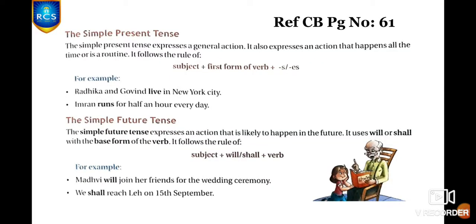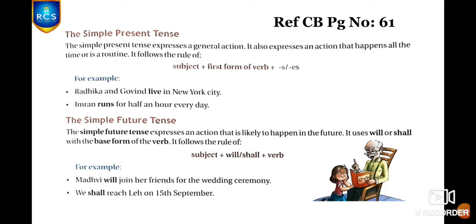The next one is the simple present tense. The simple present tense expresses a general action. It also expresses an action that happens all the time or is a routine. It follows the rule subject plus first form of the verb, and for a singular noun and for he, she, it, we have to add s or es to the verb.